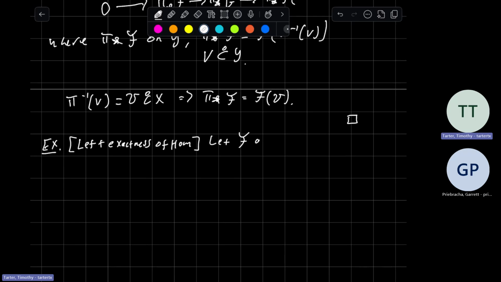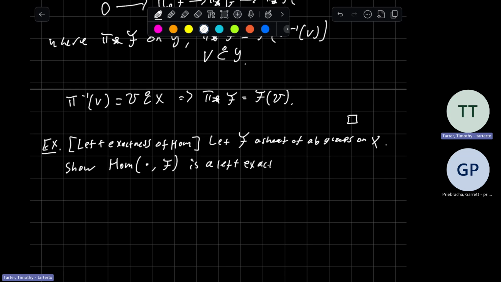Let F be a sheaf of abelian groups on X. Show that Hom of stuff comma F is a left exact contravariant functor from Ab(X) to Ab(X).